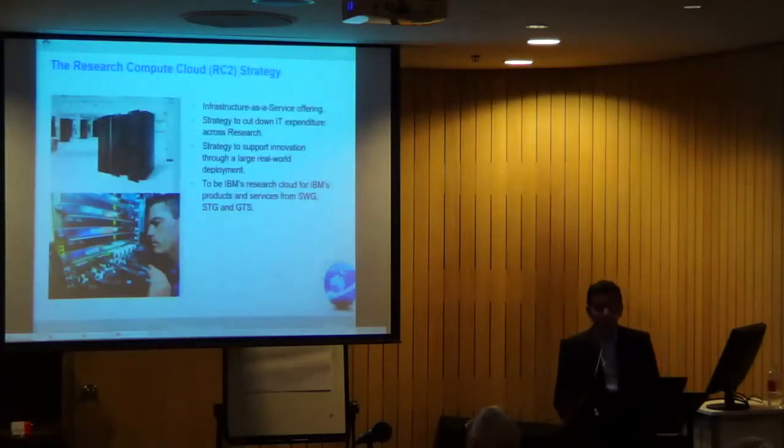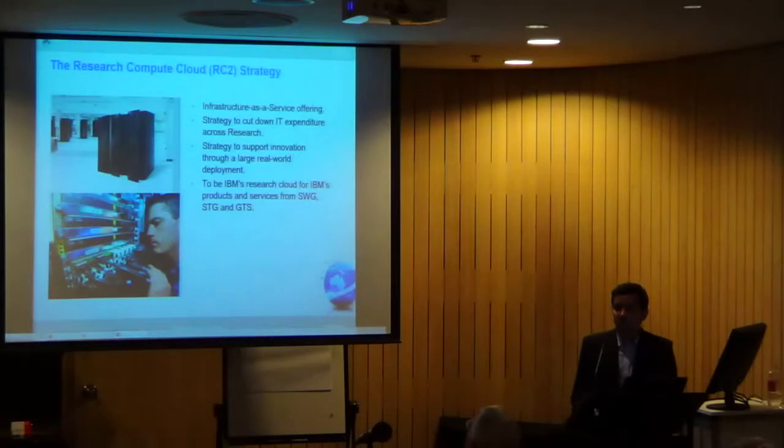So the Research Compute Cloud is basically an infrastructure service offering for the research staff within IBM. And the Research Cloud spans multiple research labs across different geographies. The strategy behind the research cloud is twofold. One is to cut down IT expenditure in research across IBM Research, and the other is to support innovation and research in cloud computing itself.